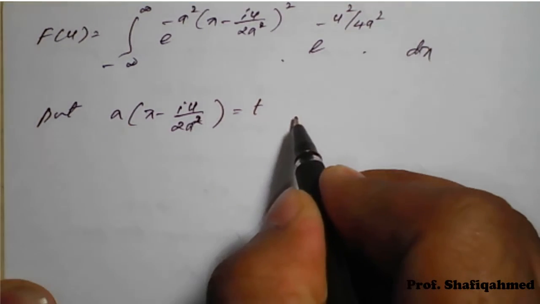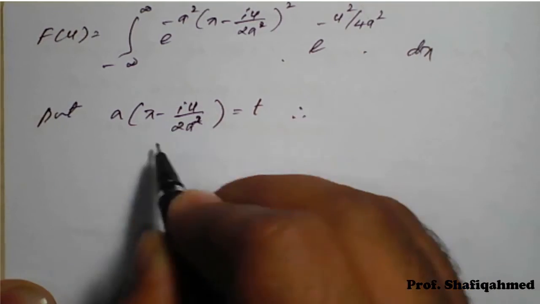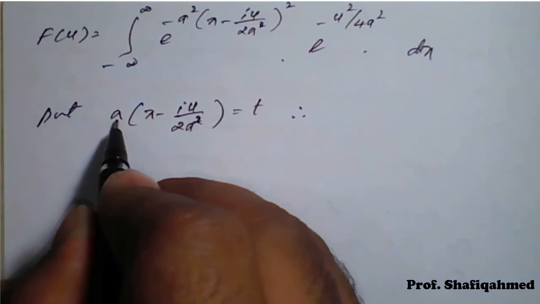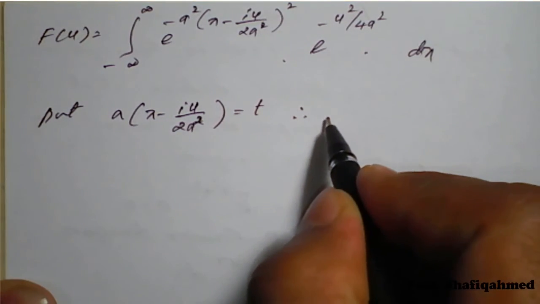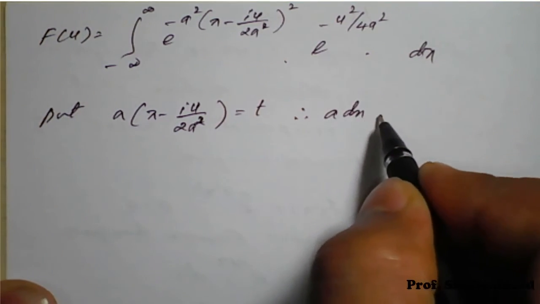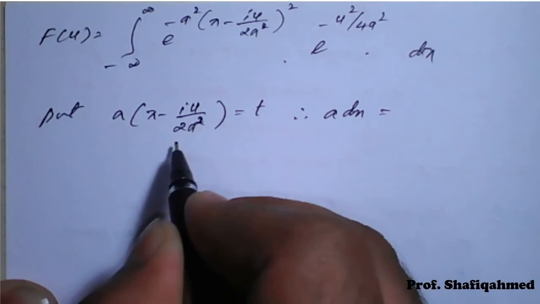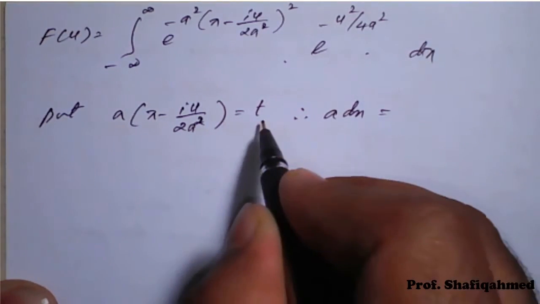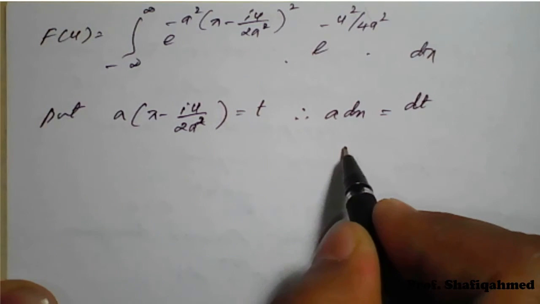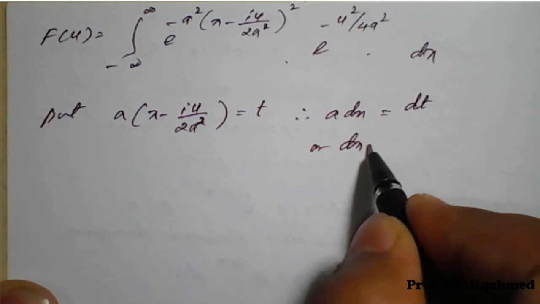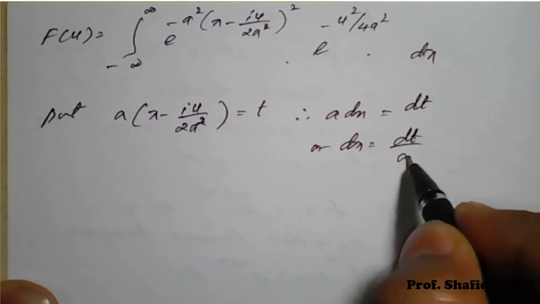Therefore on differentiation of this, a into x will become what here, a dx is equal to, iu upon 2a square is a constant so 0, dt, t will become dt, or dx is equal to dt upon a.